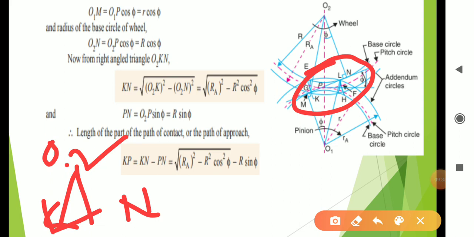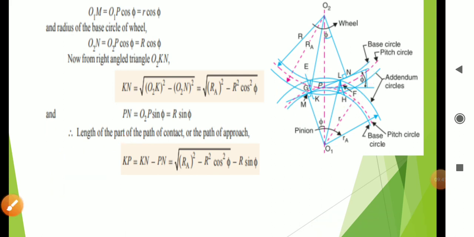We simply have to find KN, so we must know the Pythagoras theorem. KN is the square root of O2K square minus O2N square. O2K is the radius of the addendum circle of the wheel, so put R_a square, minus O2N, which we already saw is capital R into cos of phi. So KN is the square root of R_a square minus R square cos square of phi. So we got KN.